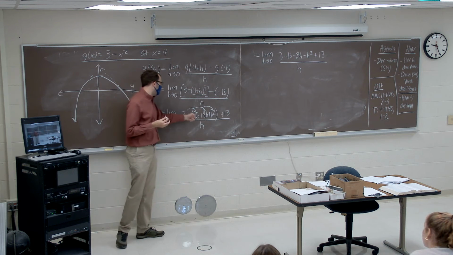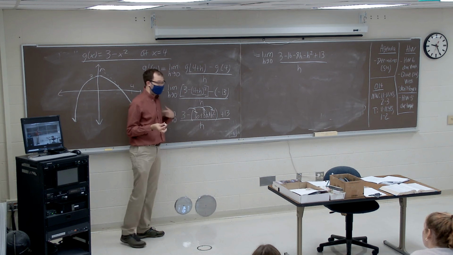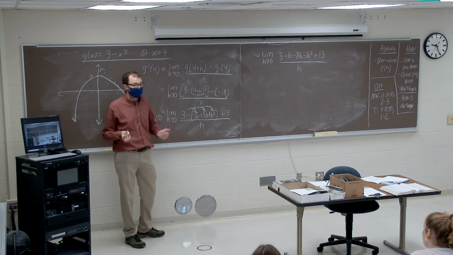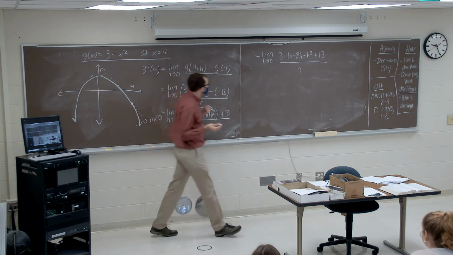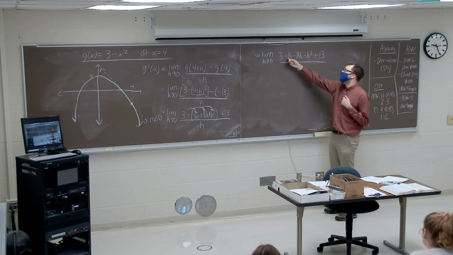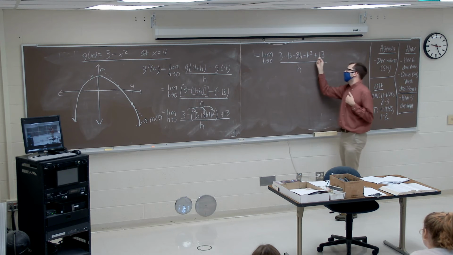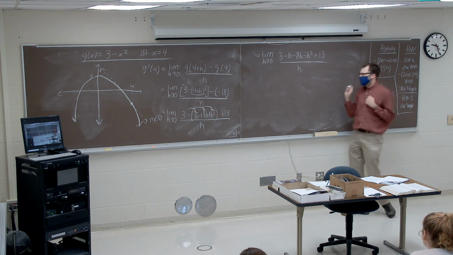So it becomes minus 16 minus 8h minus h squared. It's easy to forget to distribute the minus sign, which is why I'm making a big deal about this. Yeah, nice job, Sid. Ooh, this looks nice. 3 minus 16 is negative 13. And we end up with a positive 13. So I think some swooshing is in order.